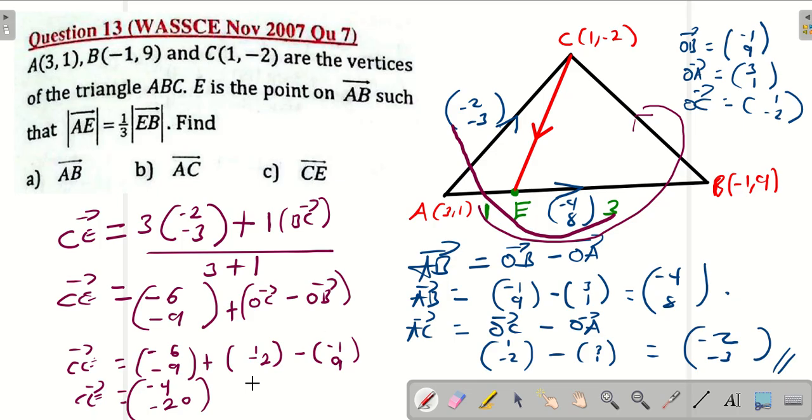From C to E is negative 4, negative 20. We have not divided. Okay, 3 plus 1 is what? So all over 4, is that right? Good. So when you cancel out, you have CE is equal to negative what? And negative what? 5. Good. And that's the final answer.